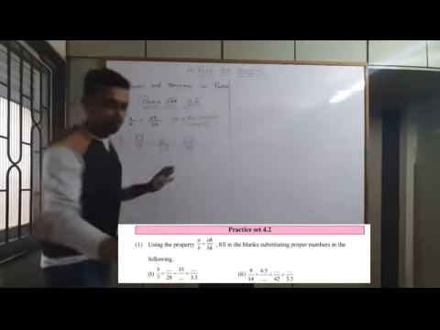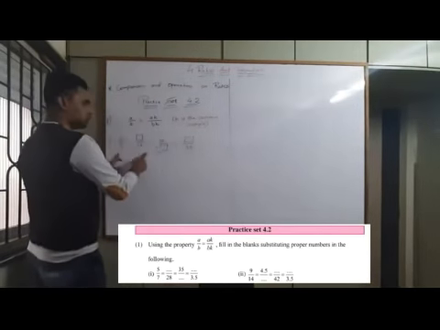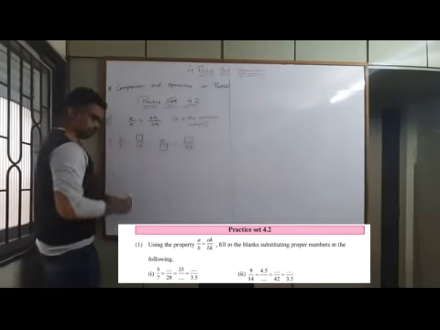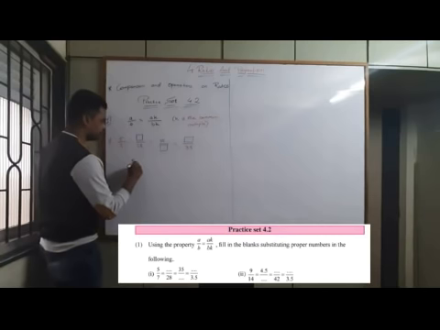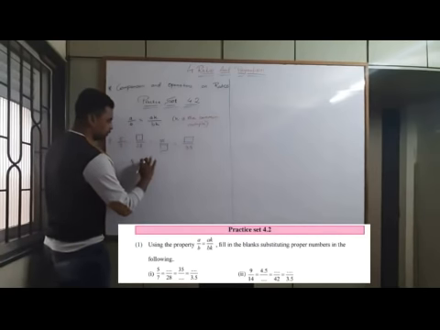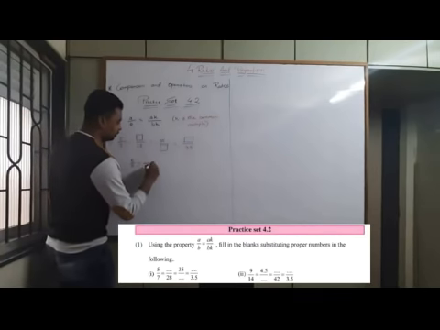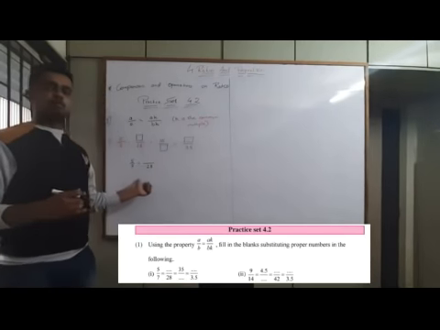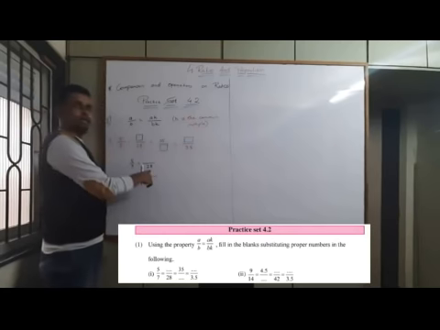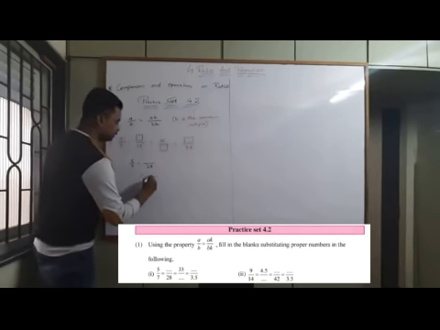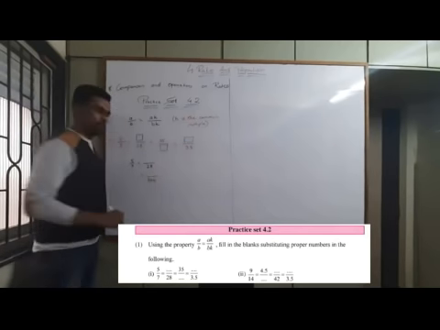First we will consider the first 2 columns. 5 upon 7 is equal to dash upon 28. You know exactly how 7 and 28 relate: 28 is 7 multiplied by 4.